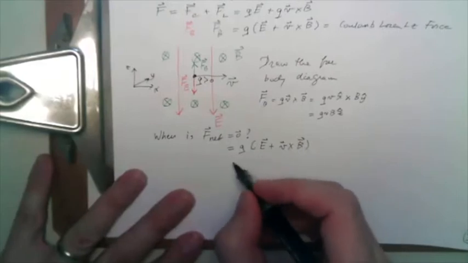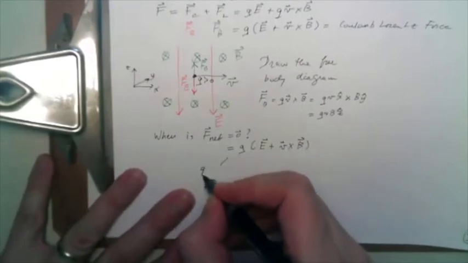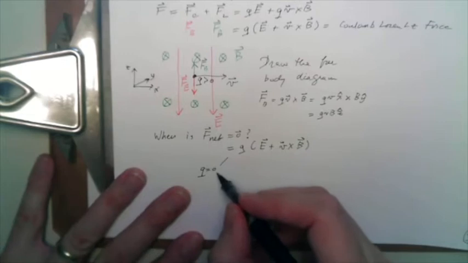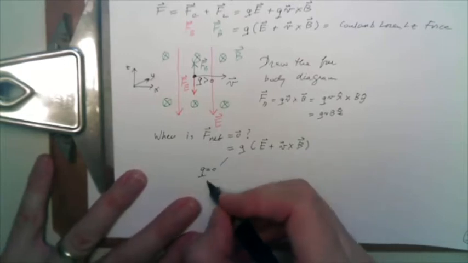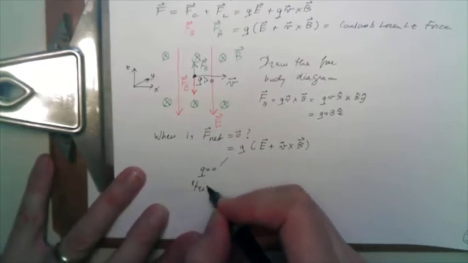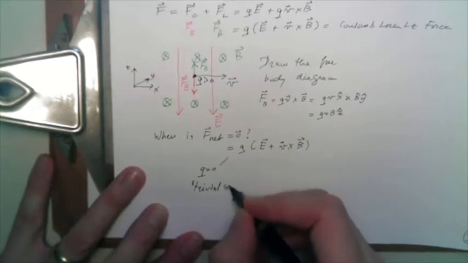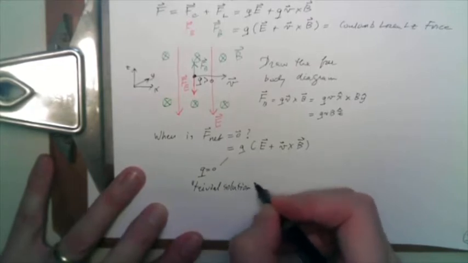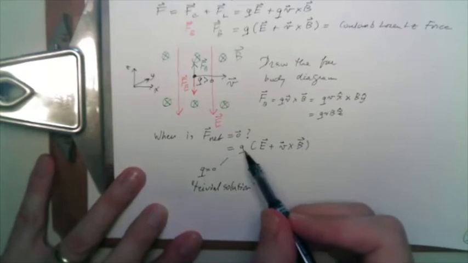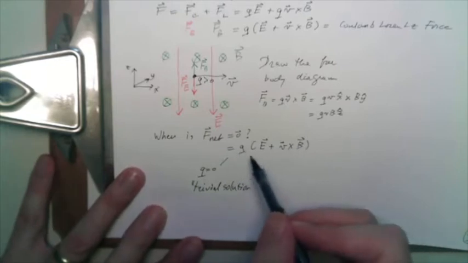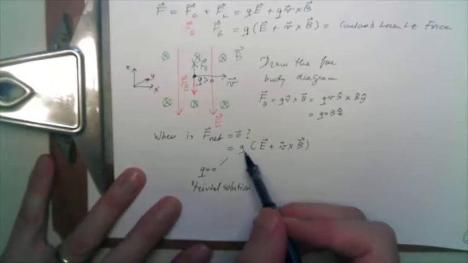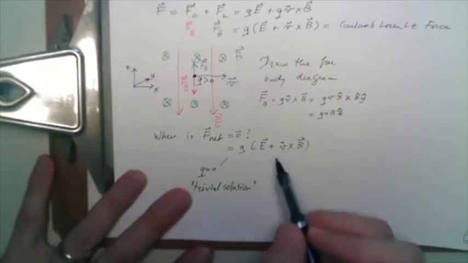The first is, well, Q is 0, but that's kind of what we call the trivial solution. We usually ignore that because that's a little bit like, we're not playing this game, because if there's no charge, obviously there's no Coulomb force and there's no Lorentz force.